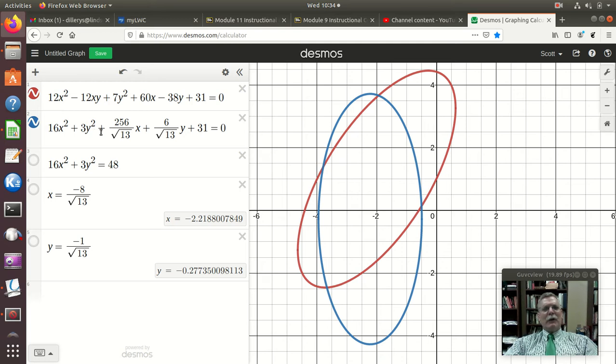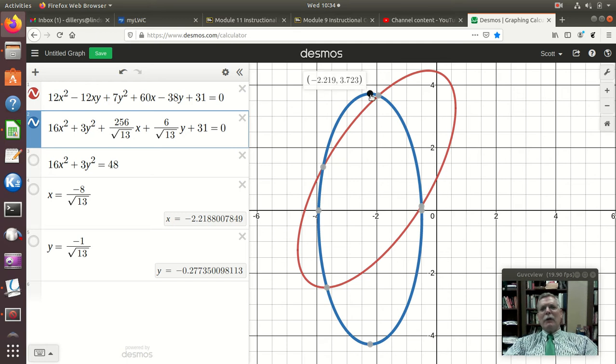Now, you don't necessarily have to complete the square to get this. Now, if I click on this, I can go up here and find the top. I can't find the sides. These are where it intersects the y-axis, not where it's the widest.